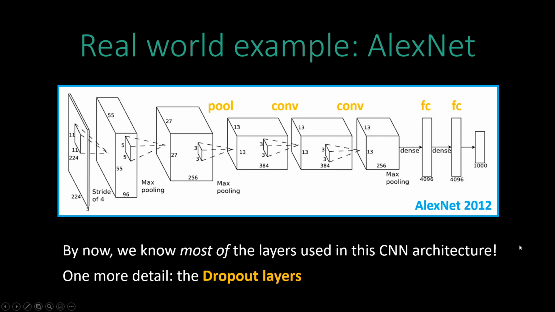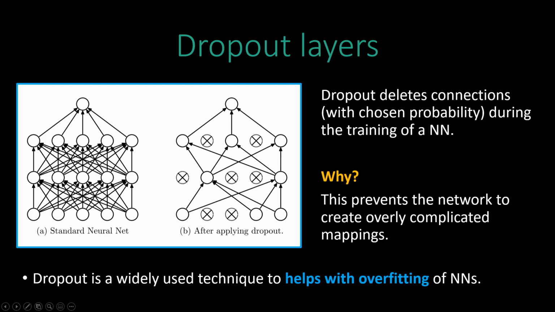Okay. There is one more detail to explain, and a trick which they used in this paper, and that is called the dropout layers. And yeah, I will go into that. So what dropout is, it is a way how we are connecting one layer of neurons to another layer. We can imagine these to be fully connected neurons. Everything is connected with everything.